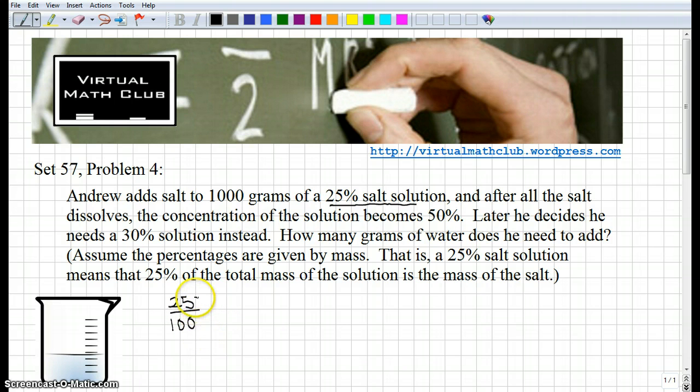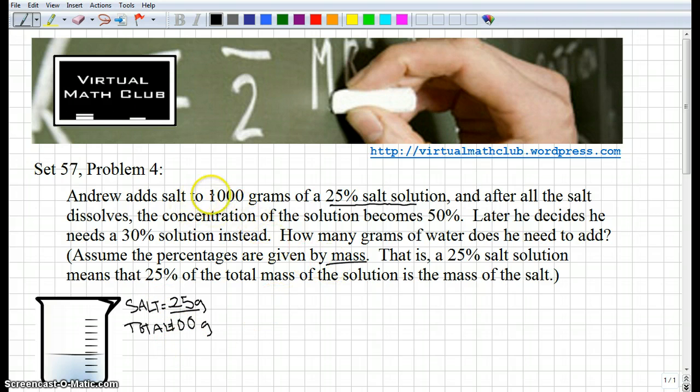We're told it's by mass, so 25 grams out of every 100 grams is salt. So this is the total, and this is the salt.